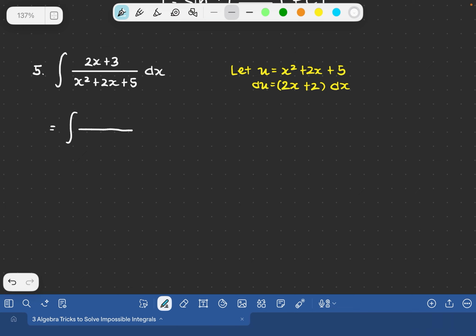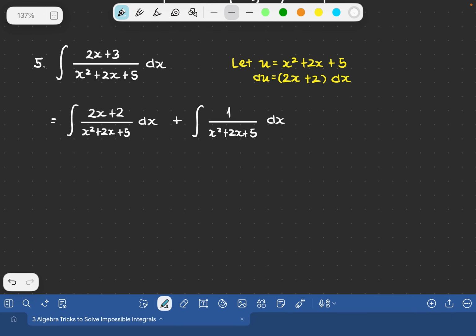So this one becomes, we can split it as the integral of 2x plus 2 over x squared plus 2x plus 5 dx, plus, from 2x plus 3, if we subtract 2x plus 2, this will just become the integral of 1 over x squared plus 2x plus 5 dx.